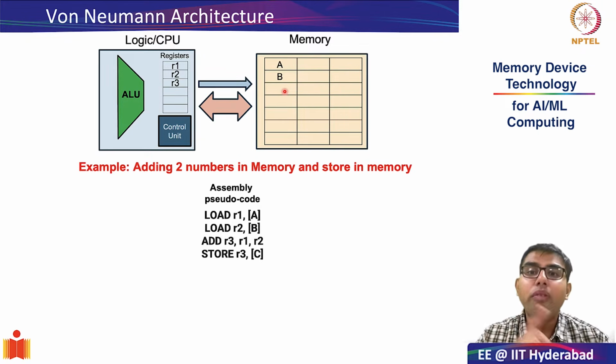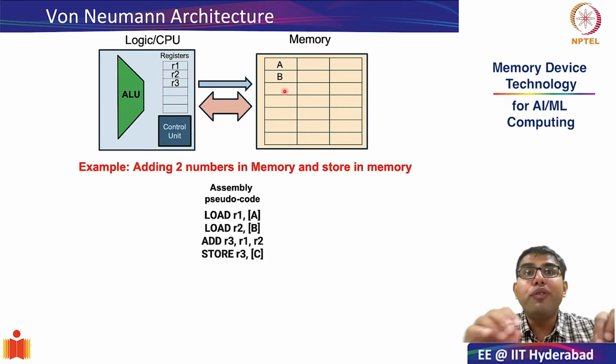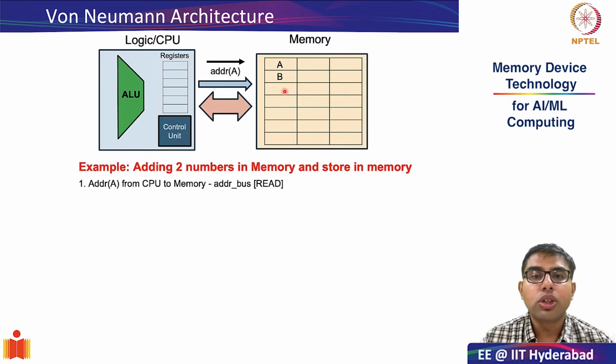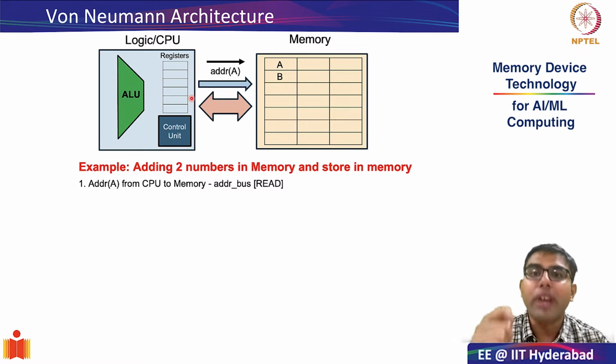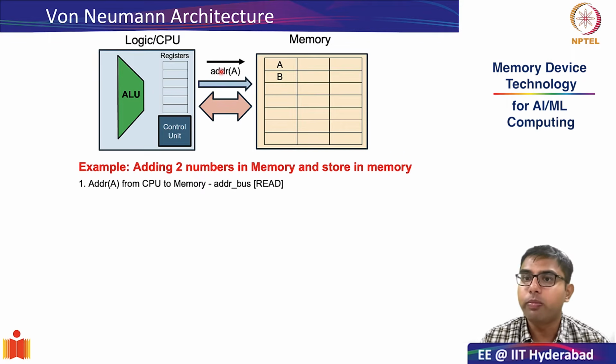Now we will see how the assembly code facilitates all this by looking at the data movement. Let us break down the assembly code further into physical data movement. What is the first process that will happen? In order to read what is written in memory location A, the CPU will first assert the appropriate address of A on the address bus.